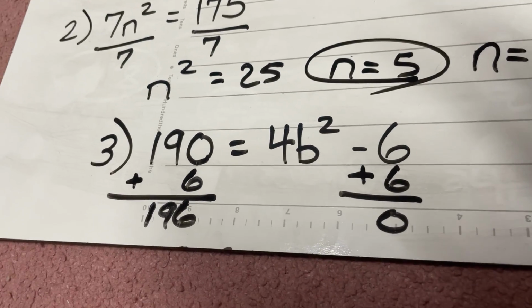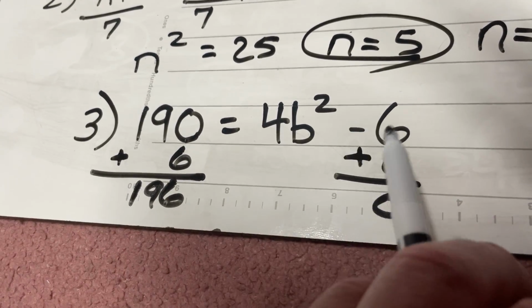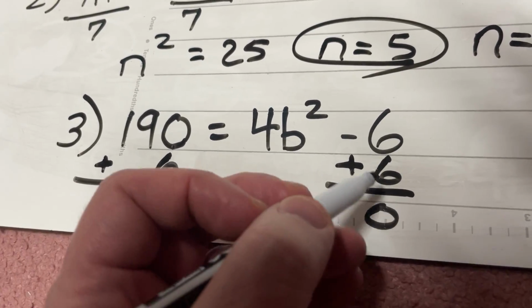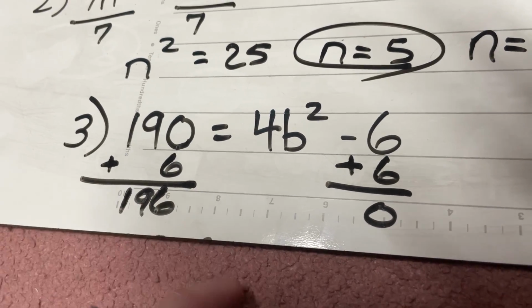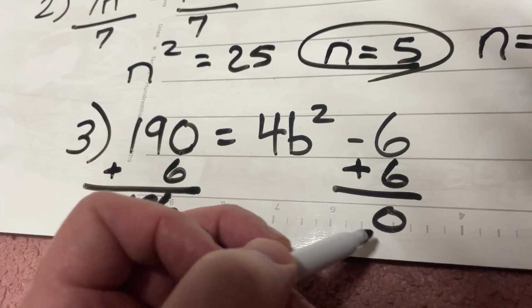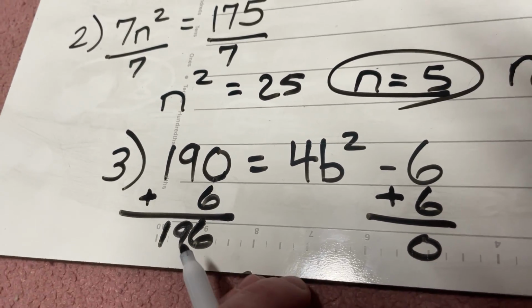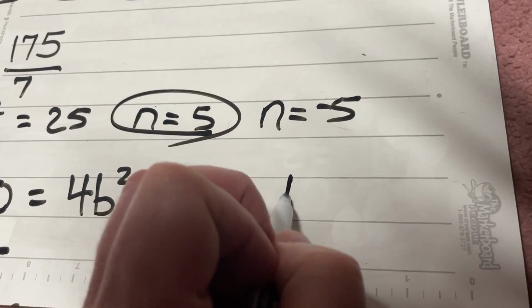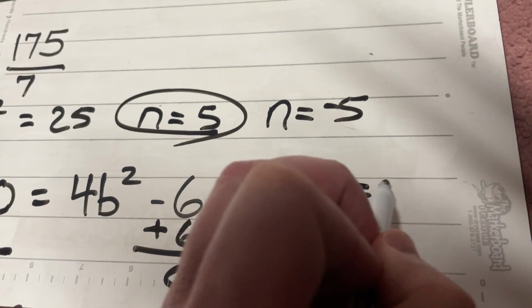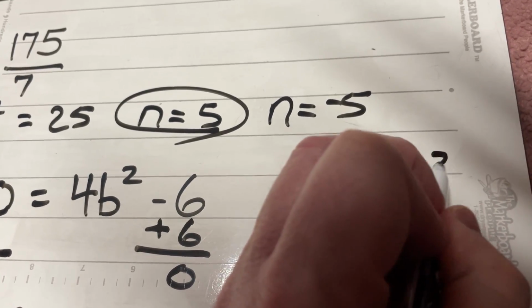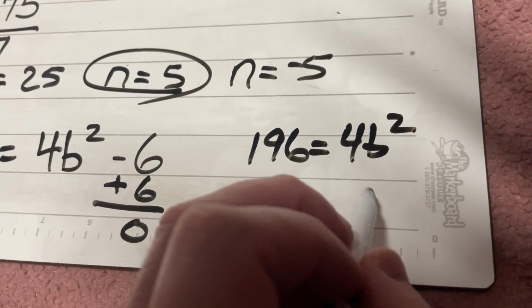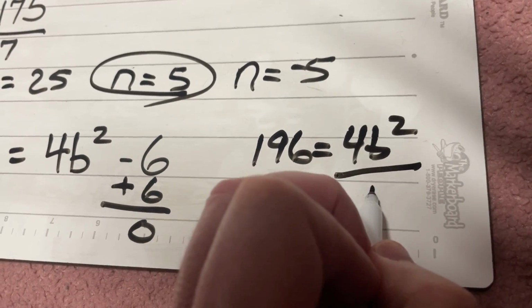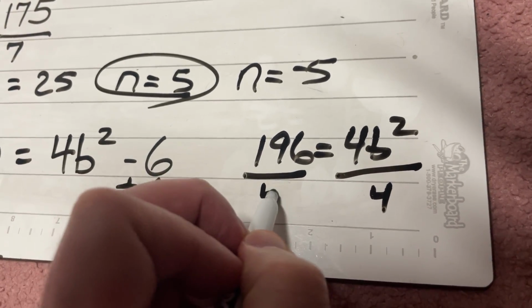So back to this one. Here we have 190 equals 4b squared minus 6. To get back on track, we're going to add 6 to both sides. Adding 6 here made it 0, and adding 6 to 190 made 196. So right now I am at 196 equals 4b squared. I'm going to isolate the 4b squared by dividing everything by 4.